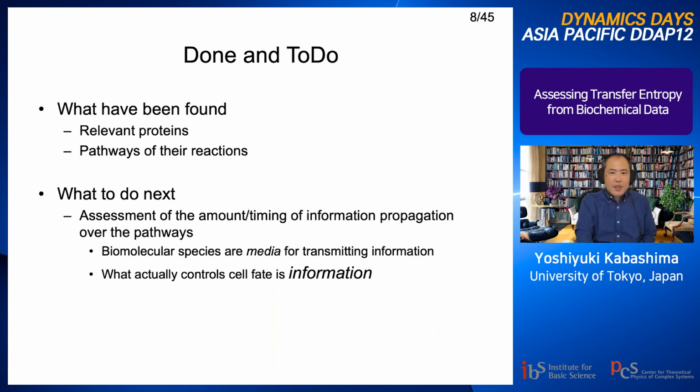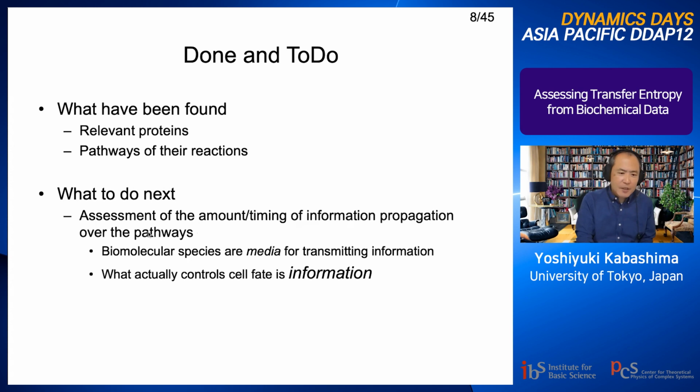And for this system, what has been done and what has to be done. What has been found is that, as I showed, relevant proteins were found, and also the pathways of their reactions were found. So the next step we should do is the assessment of the amount and the timing of information propagation over the pathways.